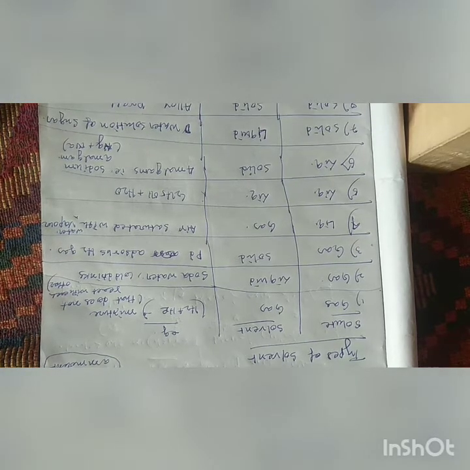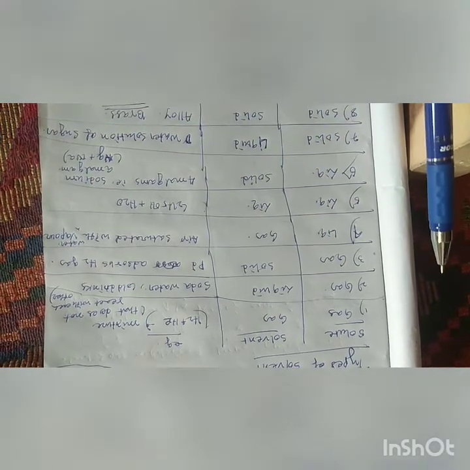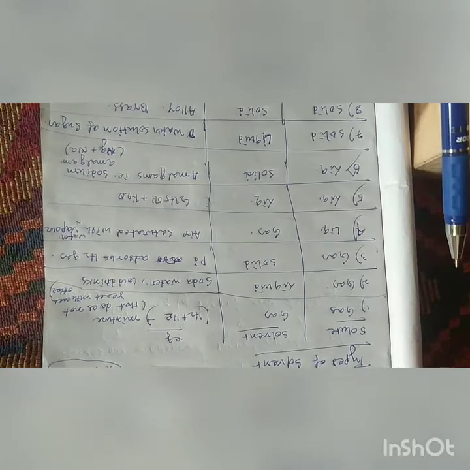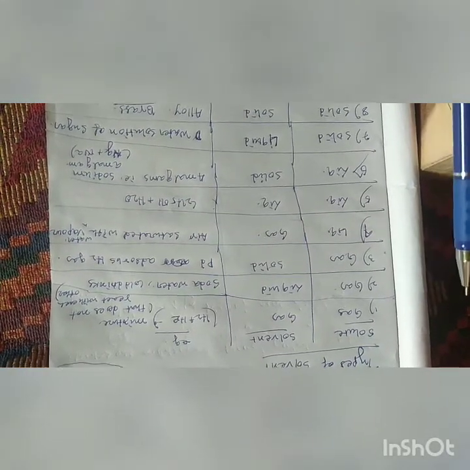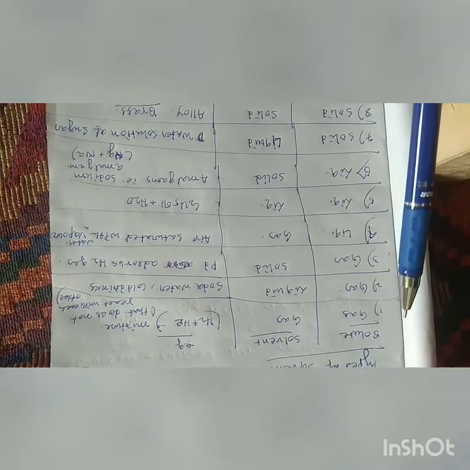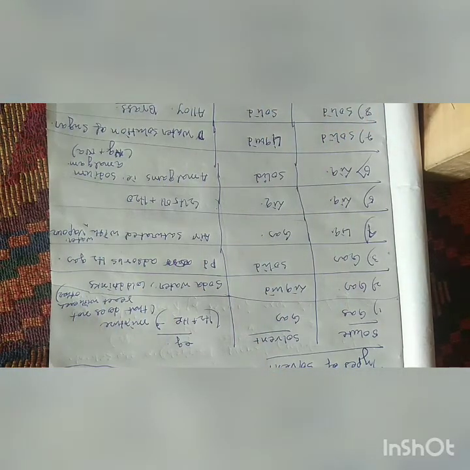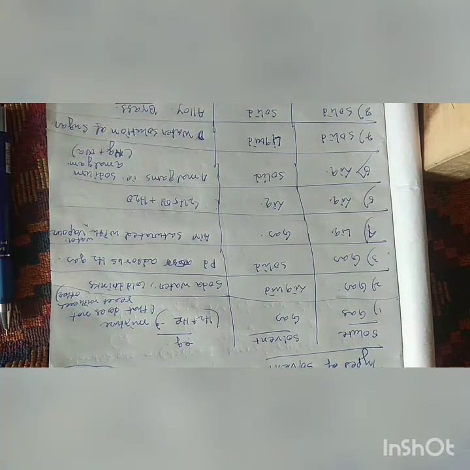Here it is, you can see clearly: types of solutions. Solute is gas, solvent is gas. The example is a mixture of gases, H2 and Ar, that do not react with each other. Gas in liquid: soda water and cold drinks.